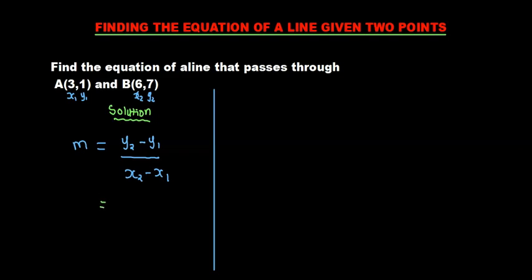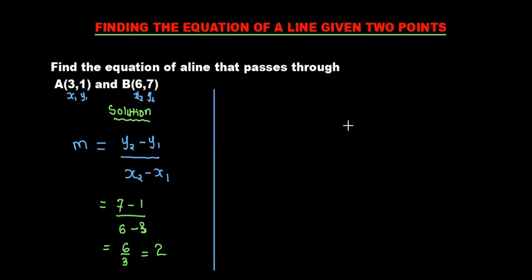And you can see we have our y2 as 7 minus y1, which is 1, x2, which is 6, minus x1, which is 3. If we work this out, that will be 6 over 3, and our gradient will be equal to 2.